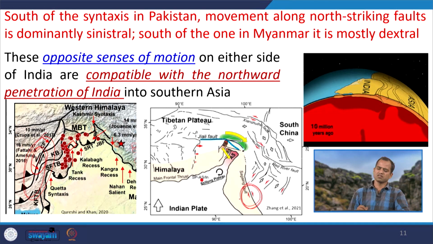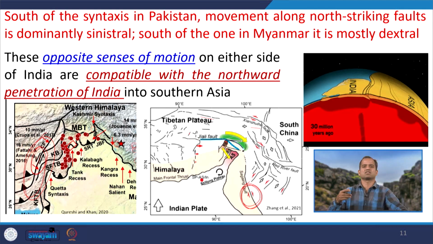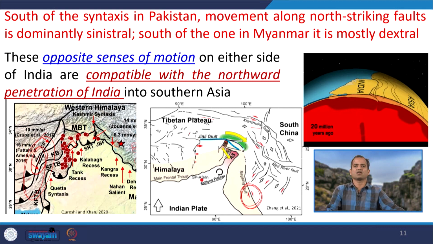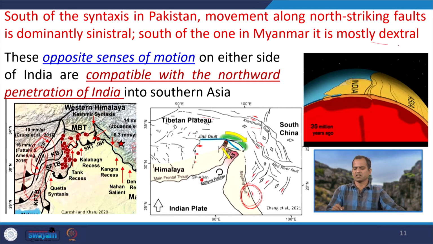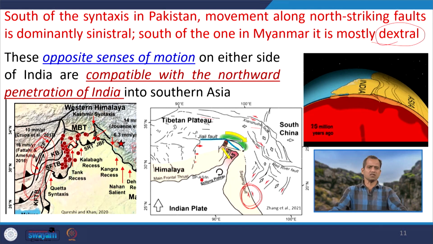The Himalayan system is bounded by these two strike slip faults, and we have thrusts on this side. So, south of the syntaxis in Pakistan, movement along the north-striking fault is dominantly sinistral, and in Myanmar it is mostly dextral, as we have already discussed.